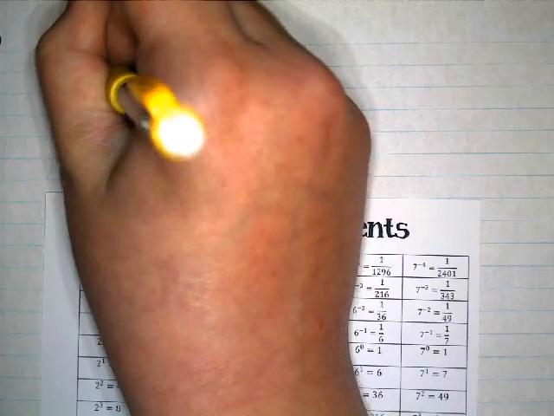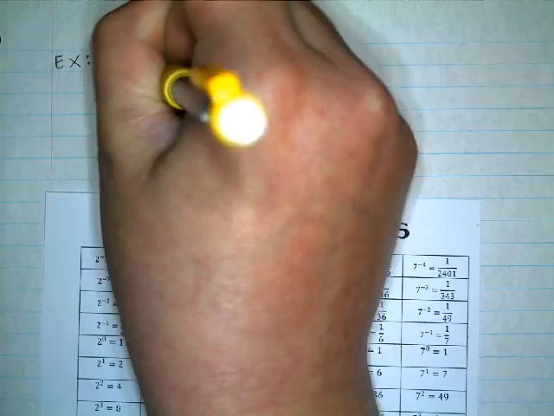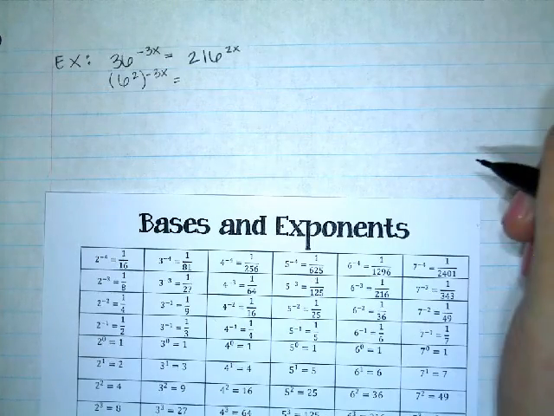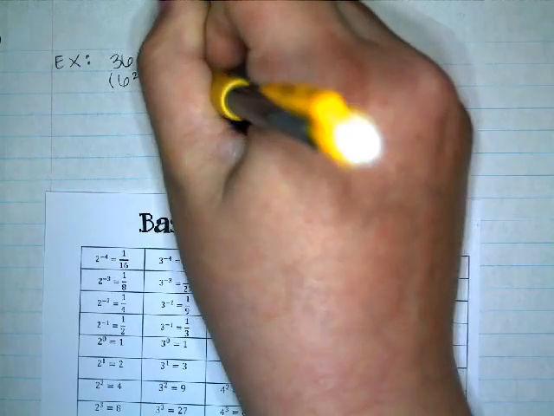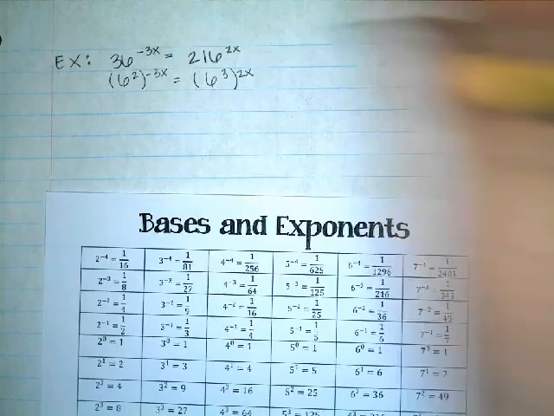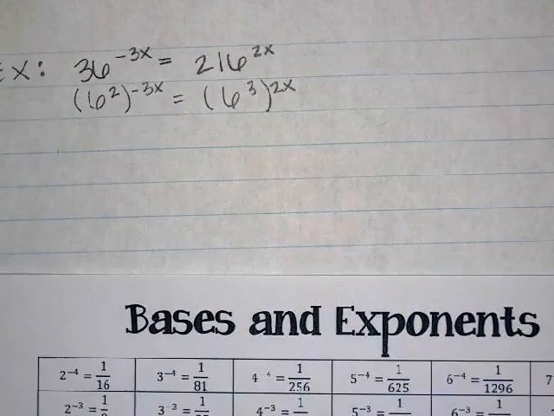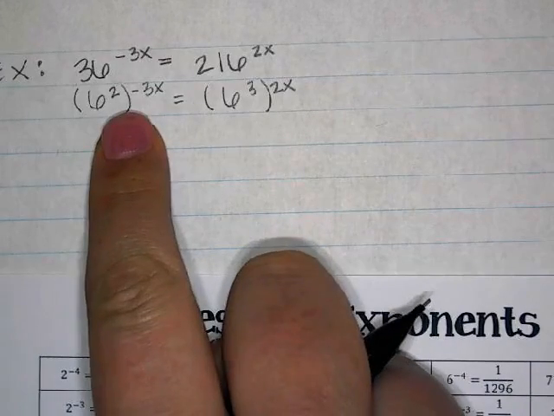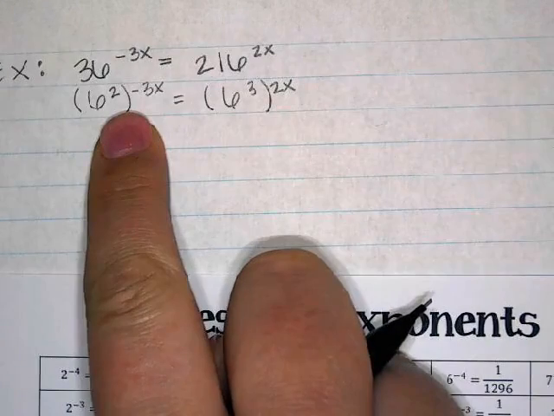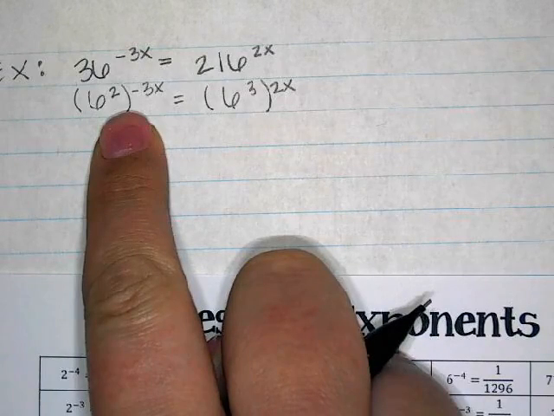Okay, so I'm going to rewrite this as 6 squared. And I'm going to rewrite the 216 as 6 to the third. So there's the problem that I have. And when you have an exponent raised to an exponent, what do you do with the exponents?